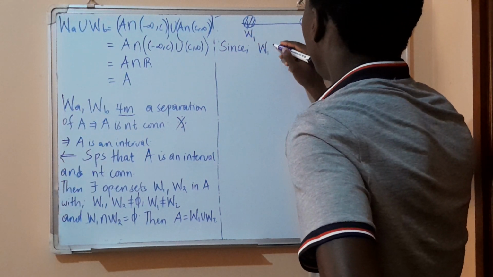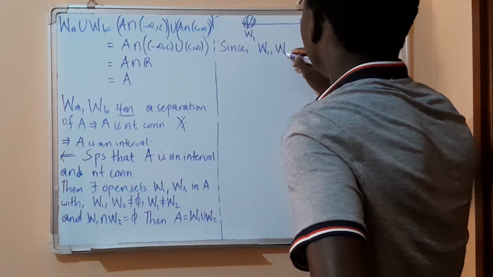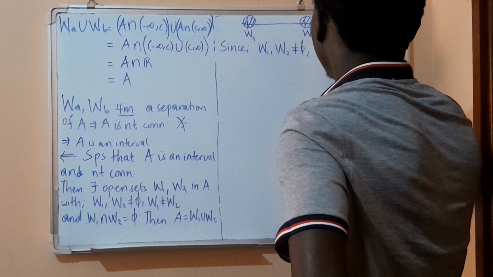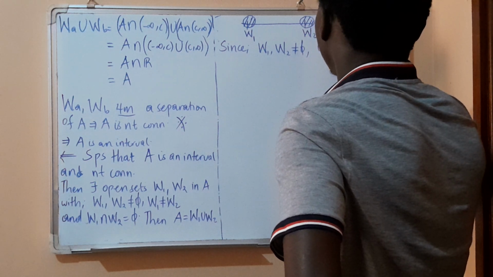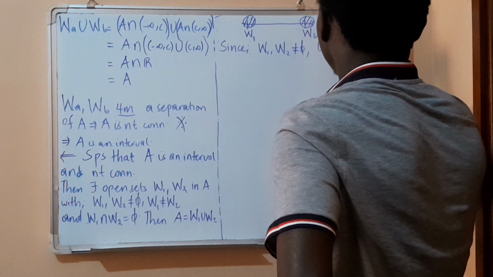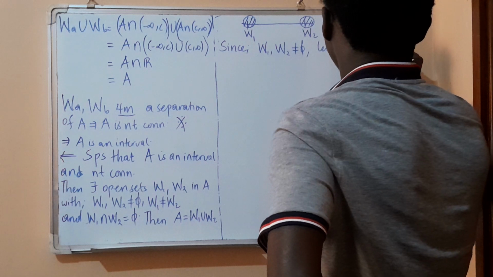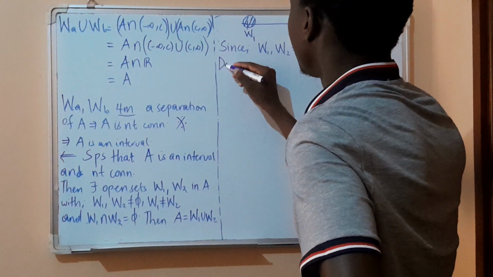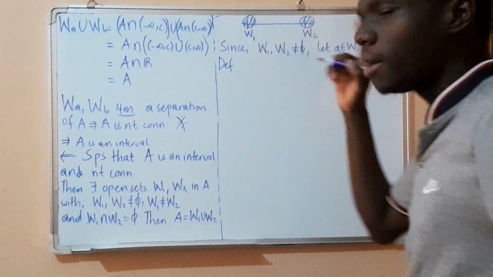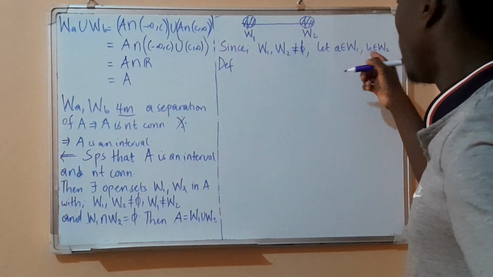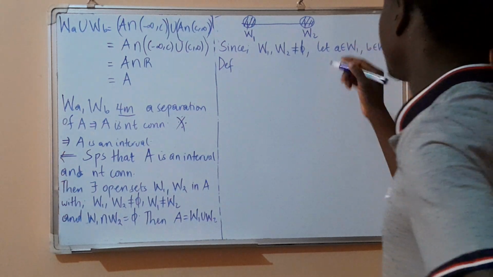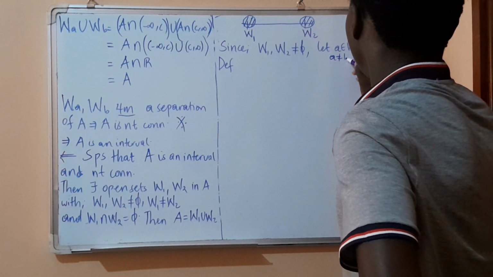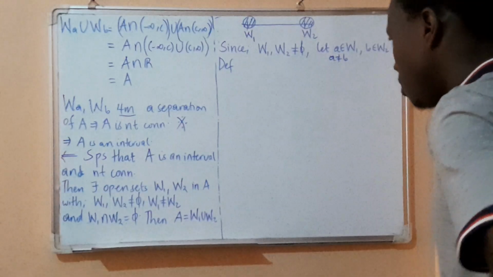So we are going to let A be an element in W1 and B be an element in W2. Remember W1 and W2 are disjoint, so A and B are also distinct. A is different from B since W1 and W2 do not meet.